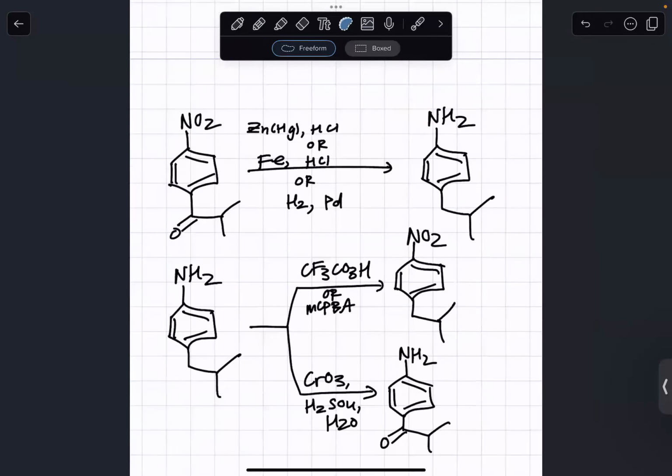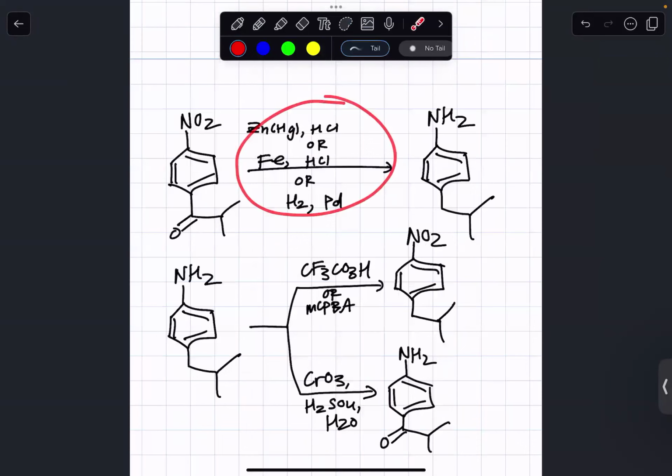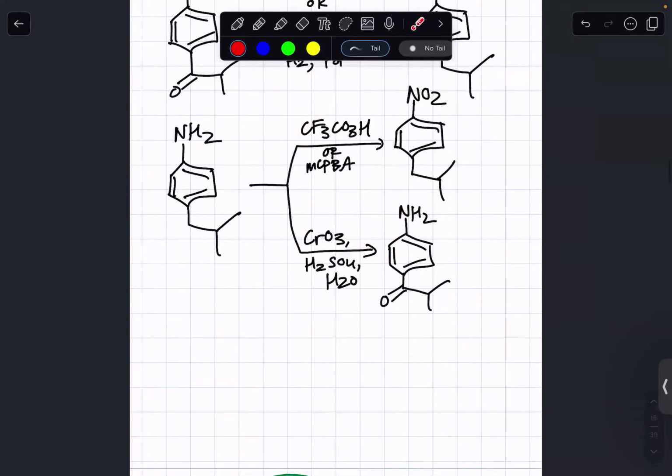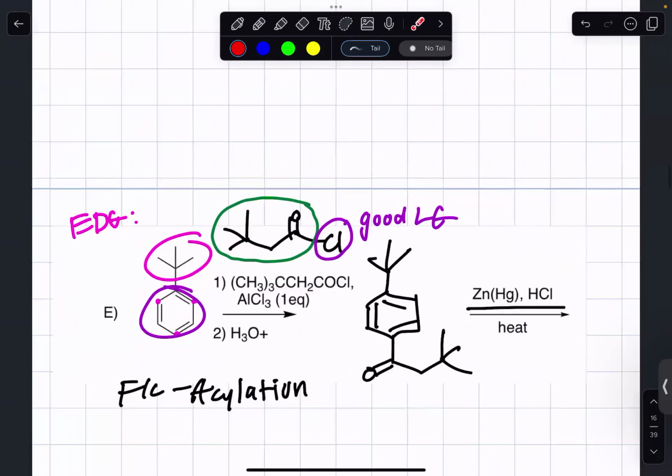Okay, so this is reduction. These are selective oxidation, right? Because this one here would reduce both the NO2 and carbonyl down, but depending on what you want for oxidation, you can use either reagent, right? So based on that, let's go back here. What would this zinc, mercury, HCl, and heat do to this reactant here?